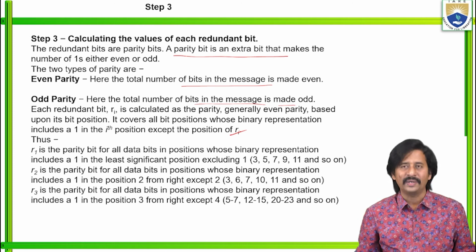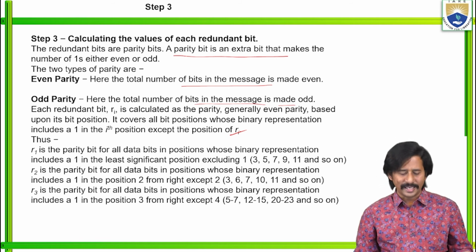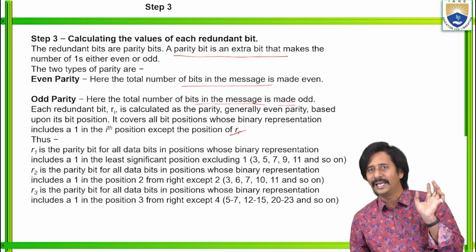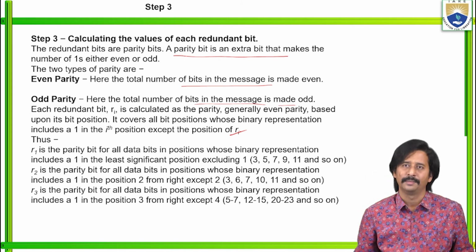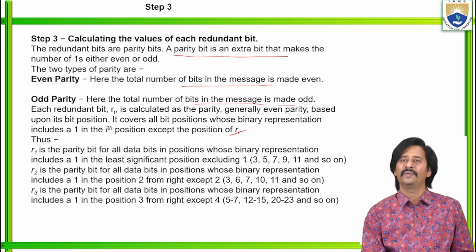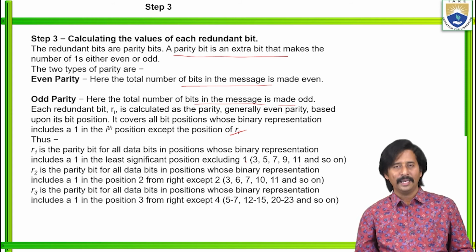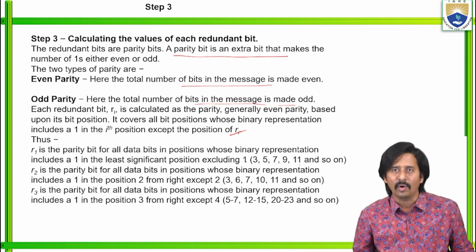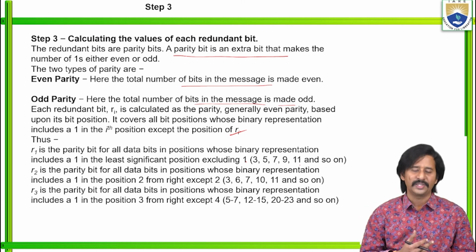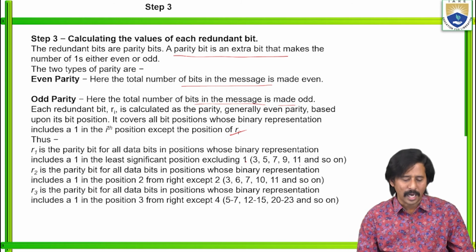R1 is the parity bit for all data bits in positions whose binary representation includes 1 in the LSB, least significant position, which includes 1, 3, 5, 7, 9, 11 and so on. Whereas similarly, R2 is the parity bit for all the data bits in positions whose binary representation includes a 1 in position 2, because this is R2.